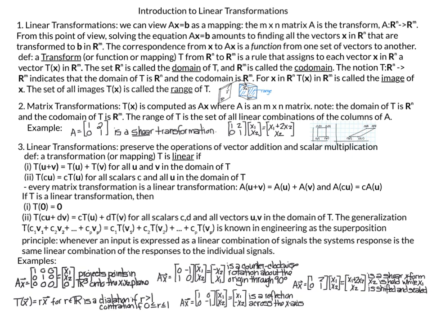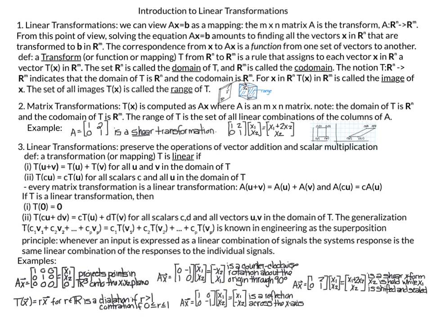We can also think of this Ax as a function that takes one vector and maps it into another. In this way we'll define a transformation. We can also call that a function or a mapping. A transformation T from Rn to Rm is a rule that assigns to each vector x in Rn a vector T of x in Rm.